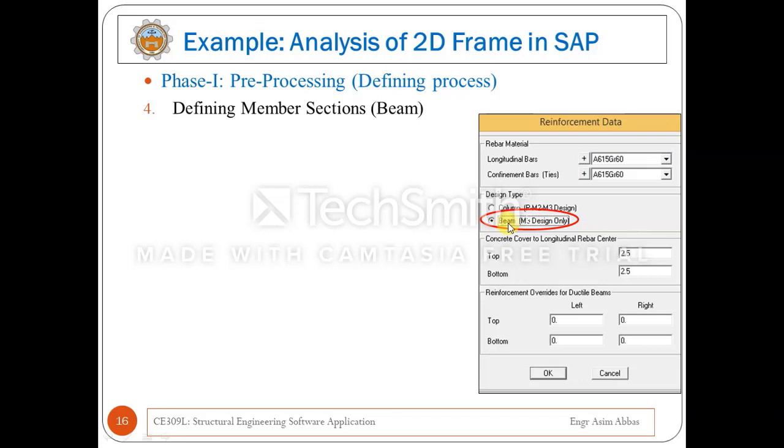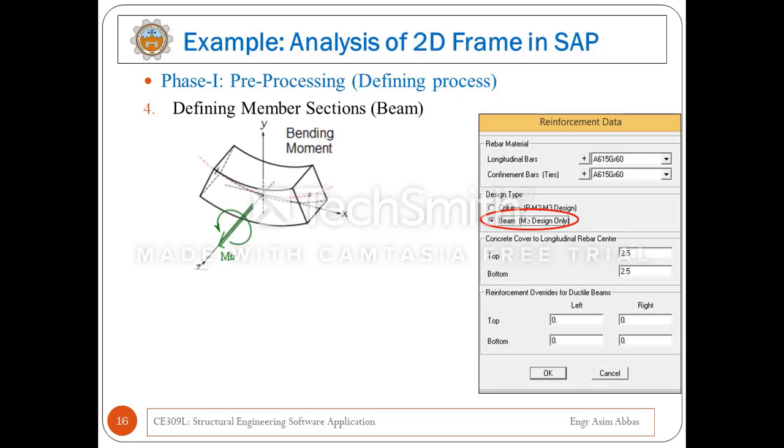For that I will consider a beam. For example, this is a beam and it is subjected to a transverse load. Fine, this transverse load causes a bending moment, and the direction of this bending moment is determined by the right hand rule.